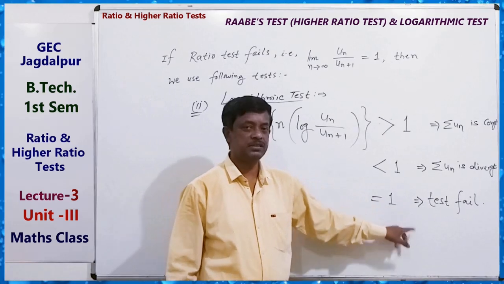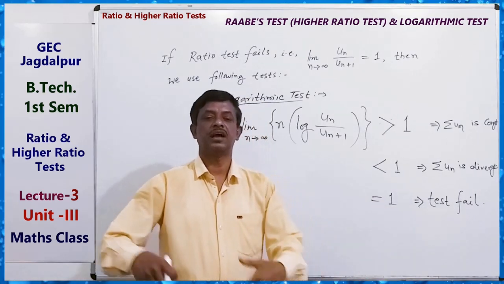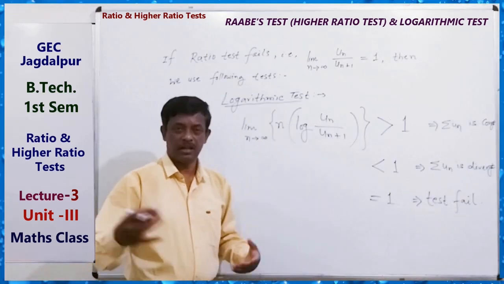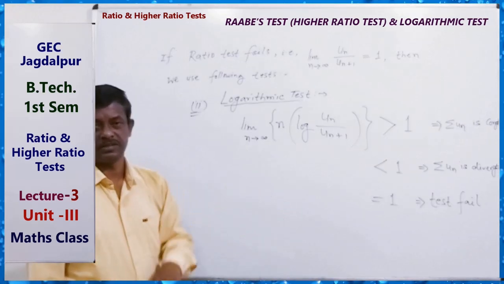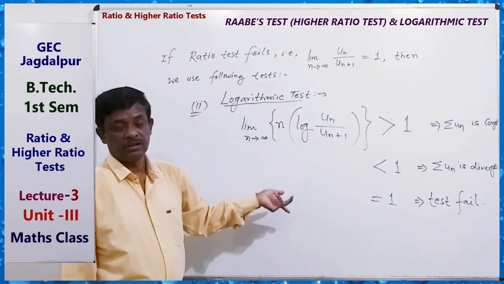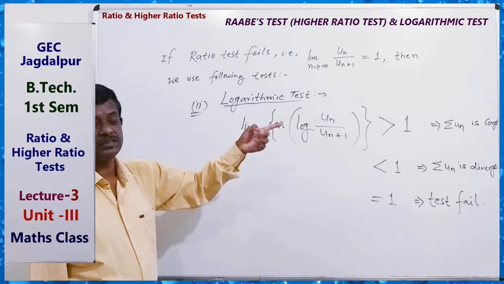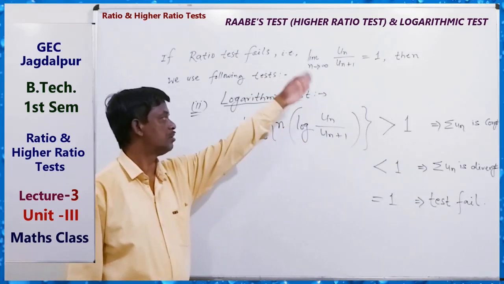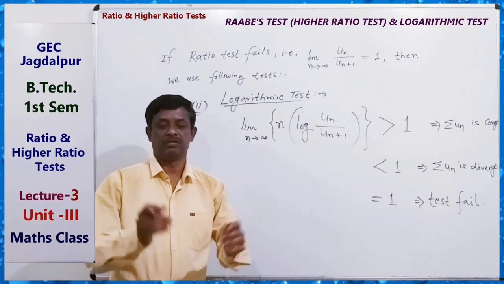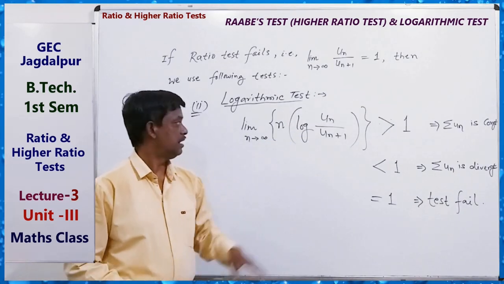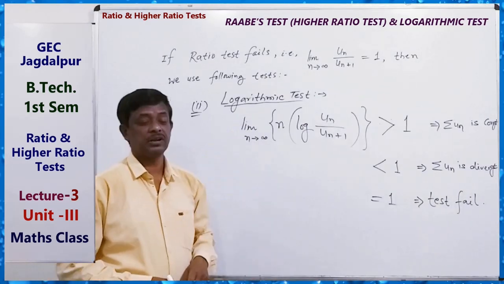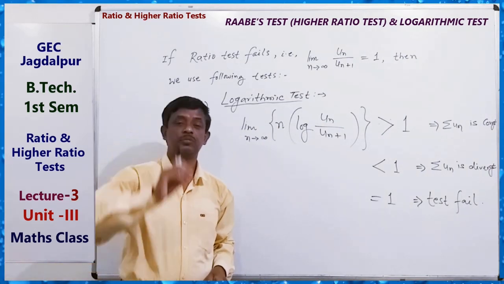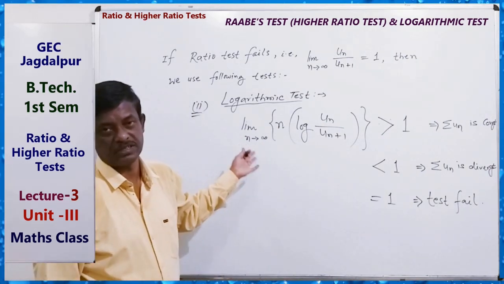When the test fails, we try to use another test. Further tests are also available, like the Gauss test. So here we are using the logarithmic test and Raabe's test. If the ratio test fails, we use the logarithmic test when un upon un plus 1 has a power exponent, and if un upon un plus 1 is a rational function, polynomial upon polynomial, then we can use Raabe's test.